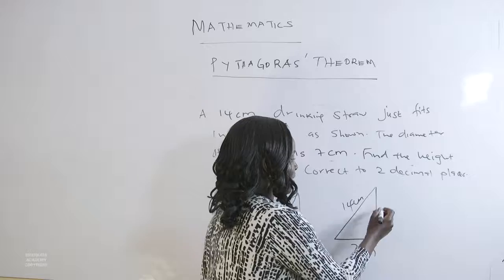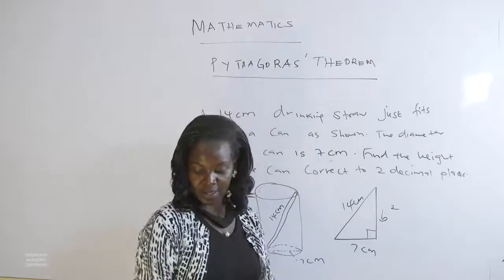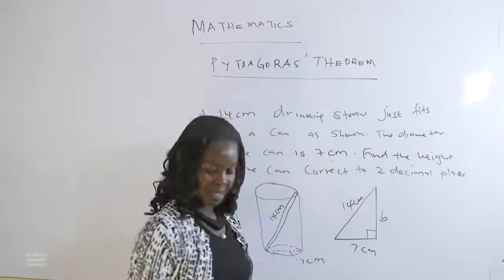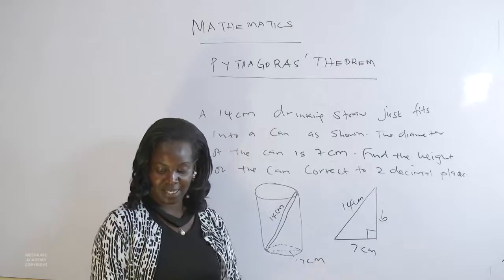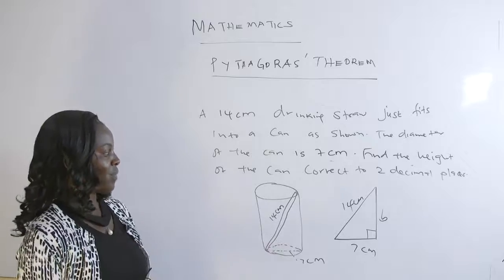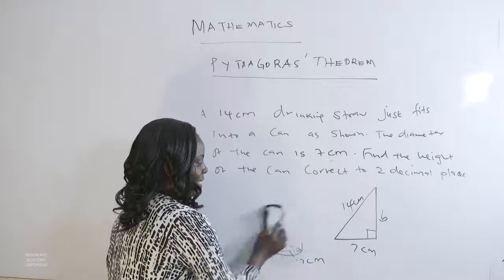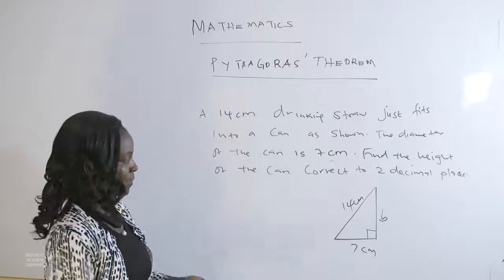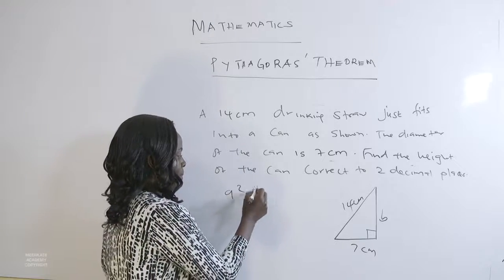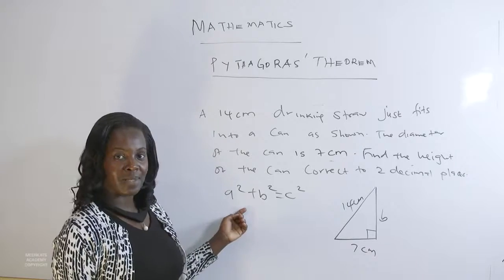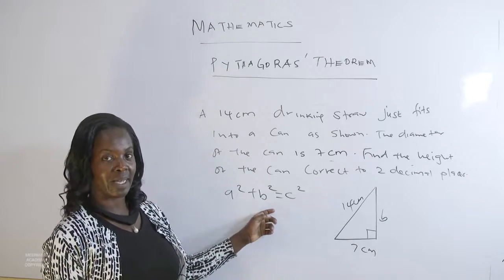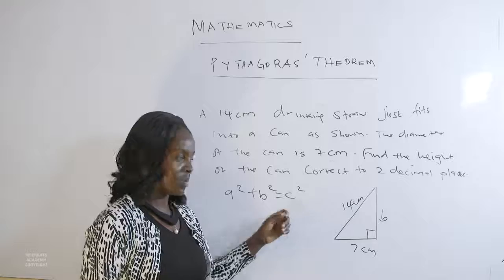Then the other side that is missing is the side of the can. We are told to find the height of the can. So we can represent it that way. When we put it that way, then we can calculate the side of the can by using the Pythagoras theorem, a squared plus b squared is equal to c squared.